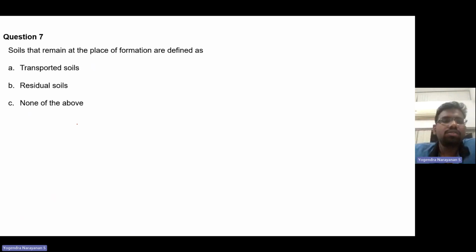So coming to this, the weathered product from the rock can be classified into two, which is transported and residual. What determines whether the soil is transported or residual is essentially its fate once the weathering has occurred, once the rock has disintegrated.